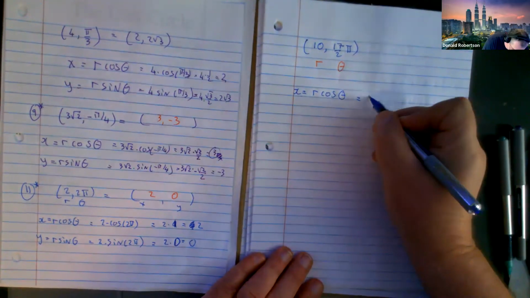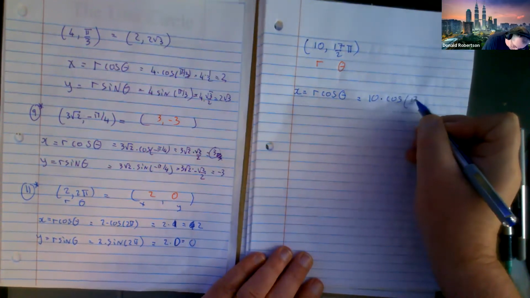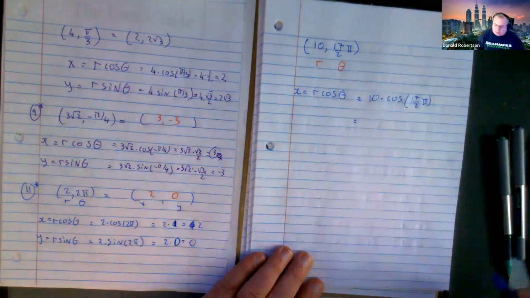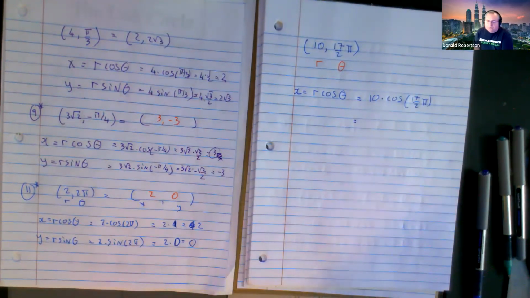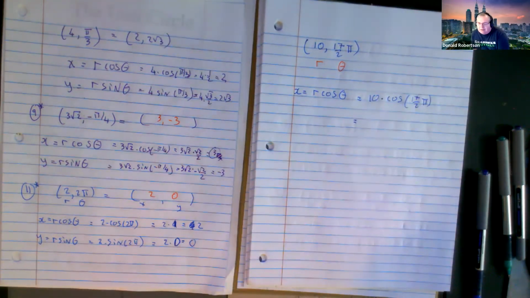Now that's going to be 10 times the cosine of 17 upon 2 pi. It's been a while, probably week 1, maybe week 2. 17 halves isn't on my unit circle.